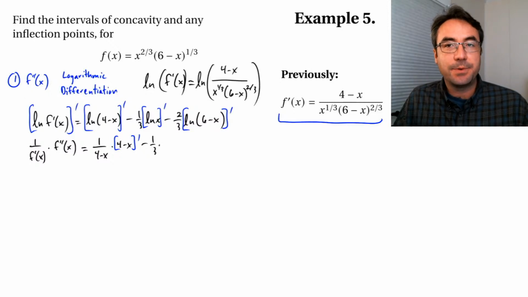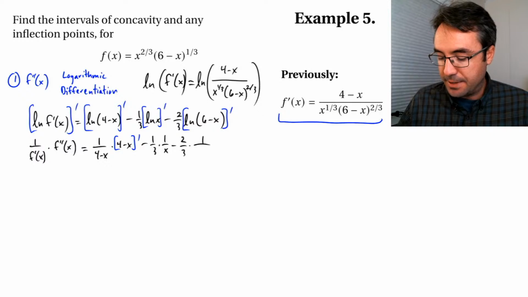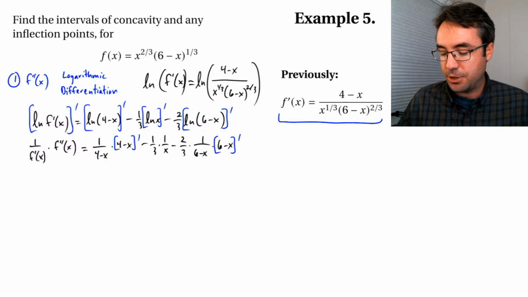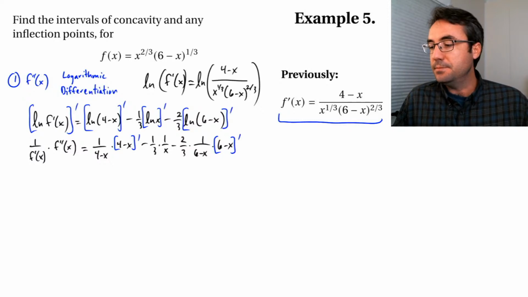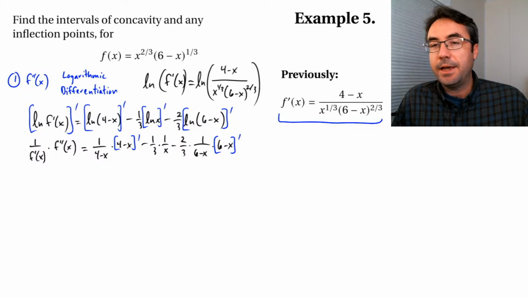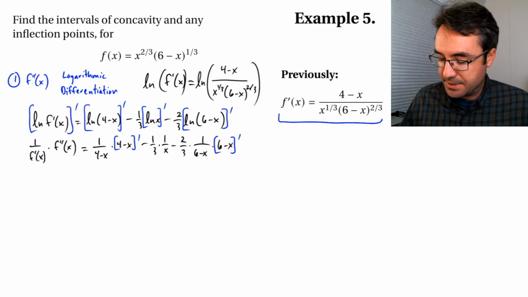Then we have minus 1/3. Derivative natural log x, we can just do that one. That's 1 over x. Then we have minus 2/3. And then the same thing for the ln 6 minus x. We do the reciprocal, but then we have to multiply by the derivative of what's inside. So again, a chain rule there. And if we just finish differentiating, let's just clean up that right-hand side.